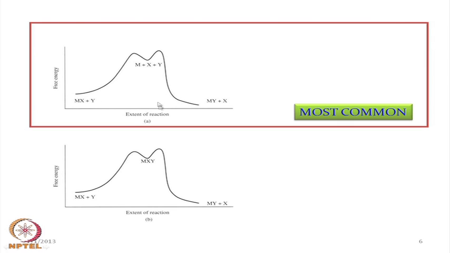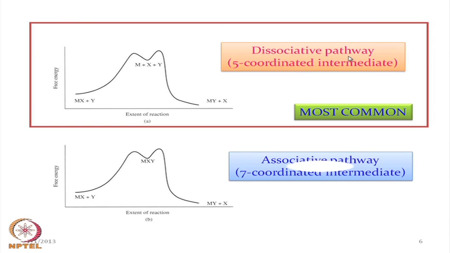The dissociative pathway is the most common one, where this ML5X reacts with Y giving ML5Y plus X, and has a 5 coordinate intermediate. In the other case we have a 7 coordinated intermediate forming, which we have discussed so far, and the corresponding free energy and the path for the extent of reaction can also be monitored in that way to find out the rate law.